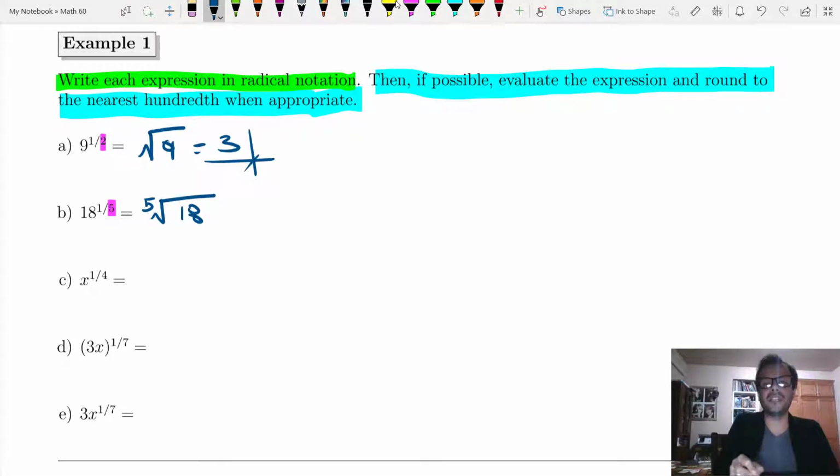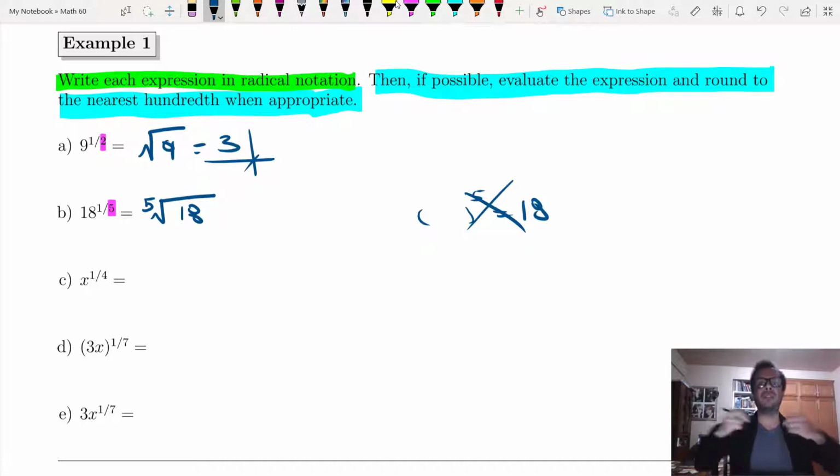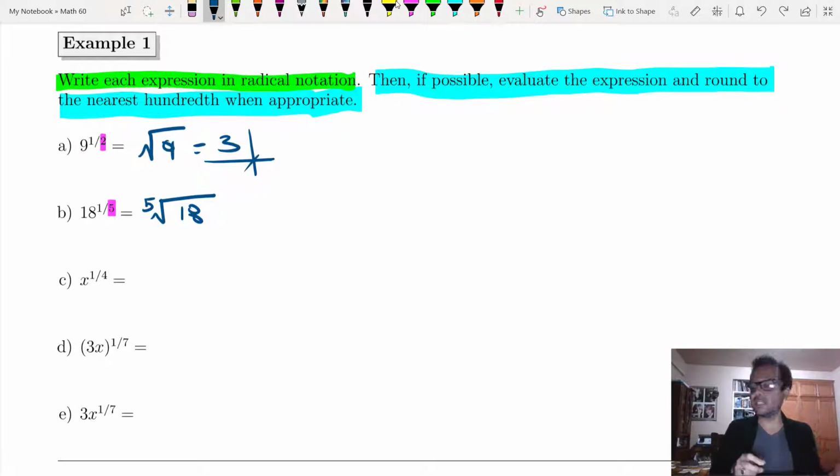However, is there a number whose 5th power equals 18? There's no way we can raise a number to the 5th power, a really big power, and get a number as small as 18. In fact, it's going to be a decimal. So we use the calculator to approximate this, and I'm going to round to two decimal places: 1.78. And this is the final answer.